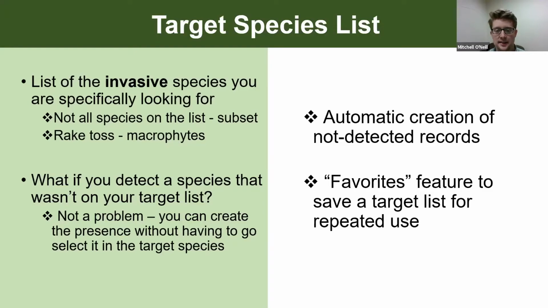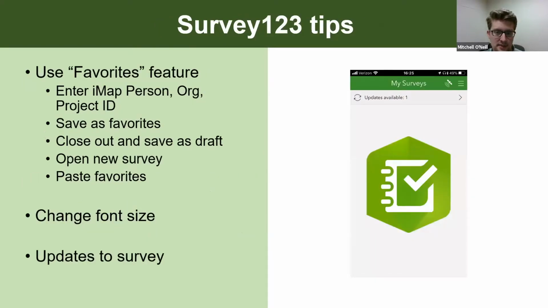And so anything that you don't find will be turned into a not detected record automatically. Just a couple of tips that I will show you in a minute, but I wanted to preface them here. I'll go into how to use that favorites feature.